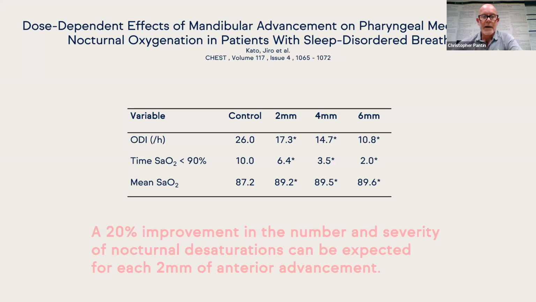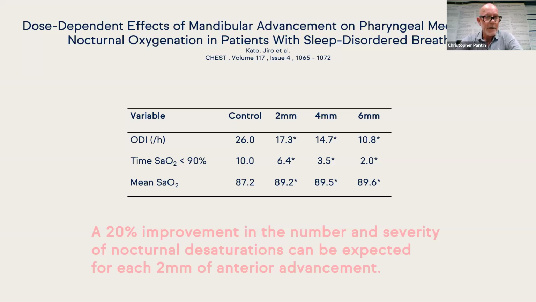And it's not too hard, especially if we look at the oxygen desaturation index, the top line. You can see that it actually improved with that incremental increase in protrusion. Also, the time spent with a desaturation below 90 also decreased.